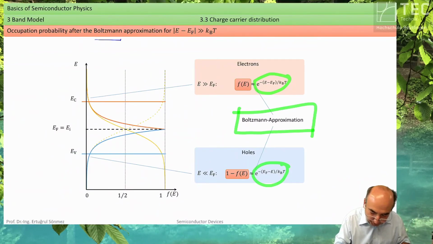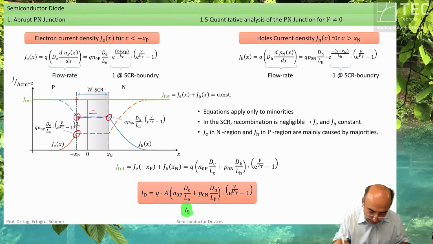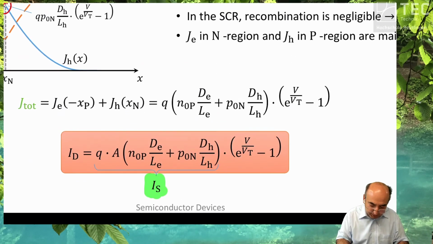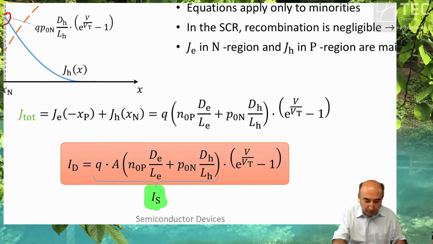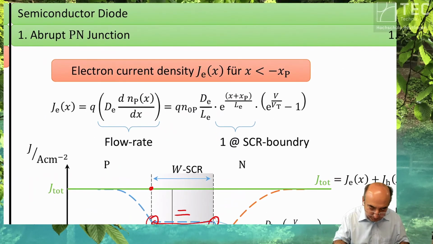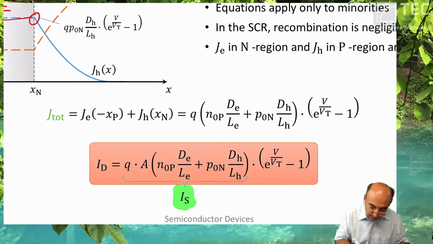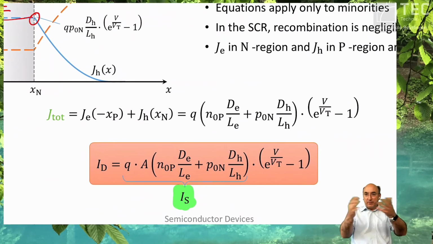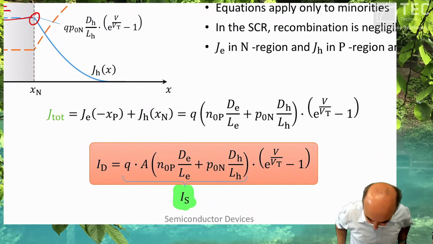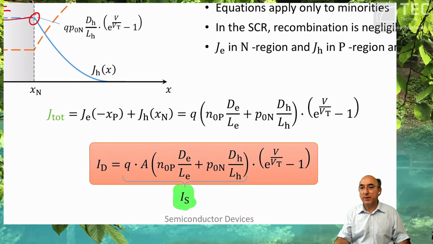Okay, let's go back to this slide here. And now let's plot this. Oh, before we plot, I'm a device designer. I have a silicon. And what should I change if I want to have more current?